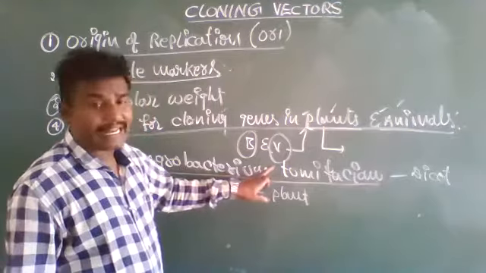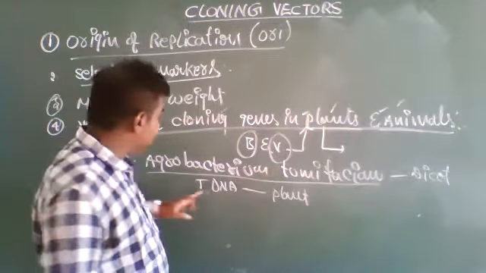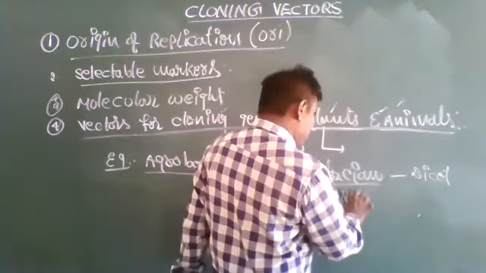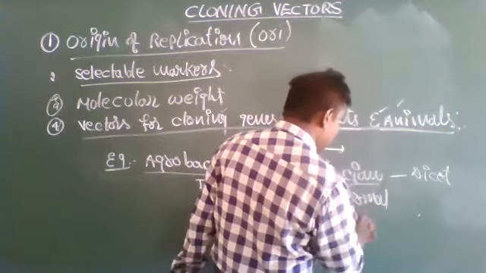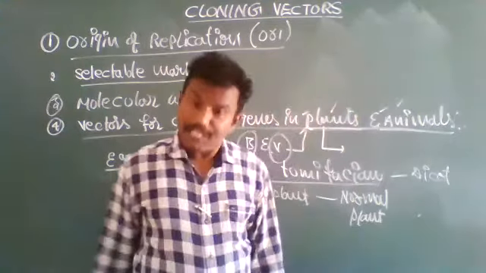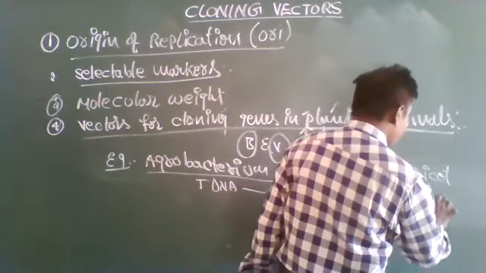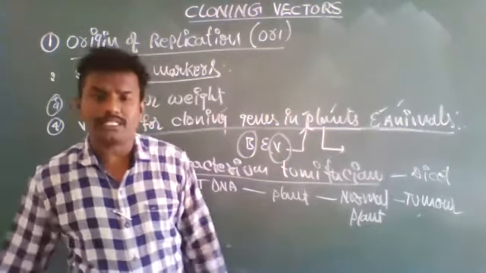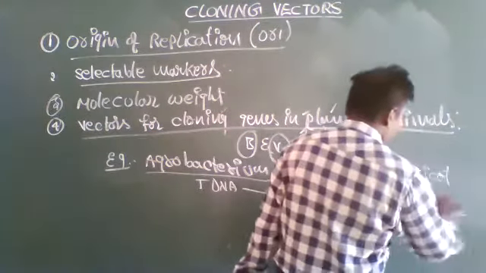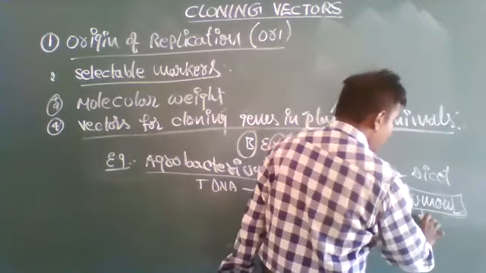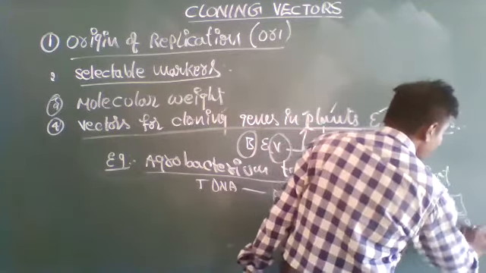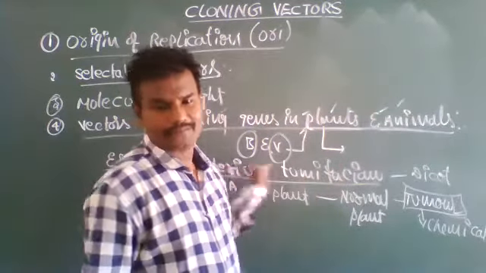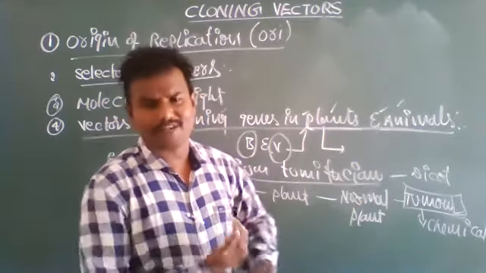So this bacteria transfers the T-DNA into the plants and converts normal plant cells into tumor cells, and those tumor cells produce chemicals which are required by Agrobacterium tumefaciens to survive.